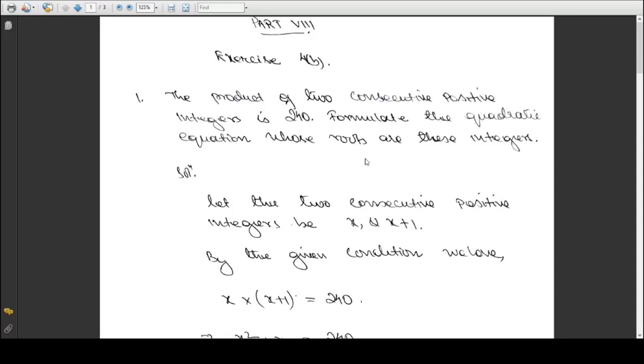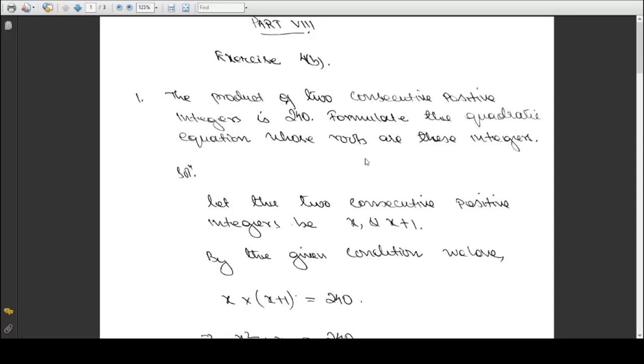Okay, now before we try to solve this, I'll give you an example of what these consecutive positive integers are. What are integers actually? Integers are those numbers which are on the left and the right side of the number line.